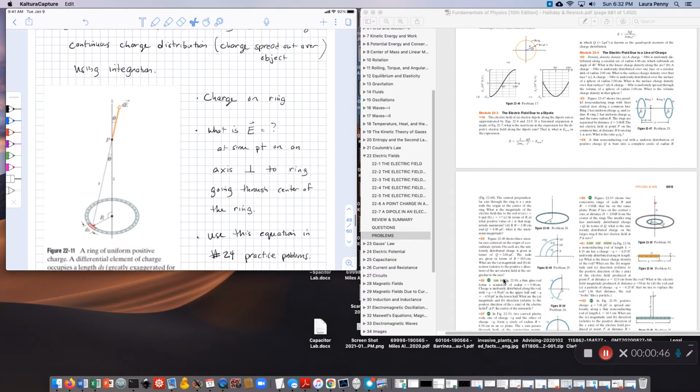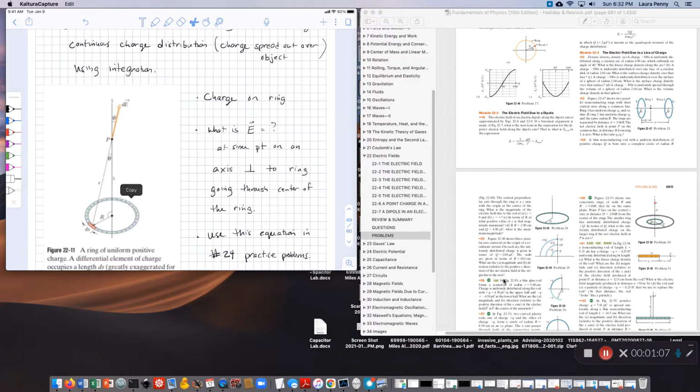So this is the situation where you have a charge on a ring. You have some sort of material that's been bent into a ring and it has some excess charge on it. Here's our ring down here.